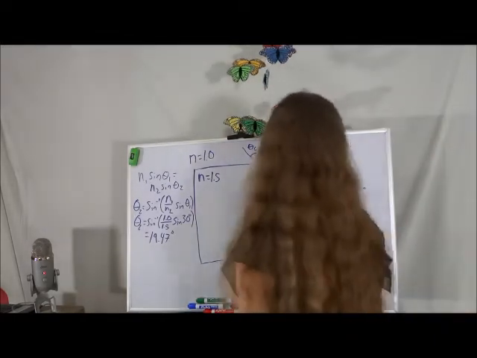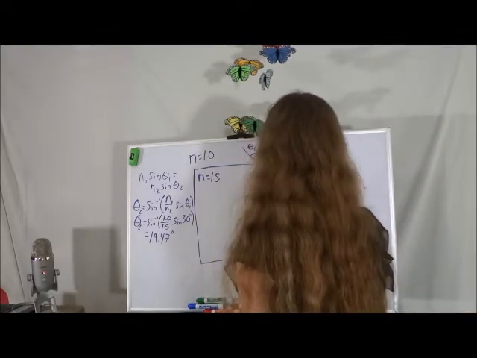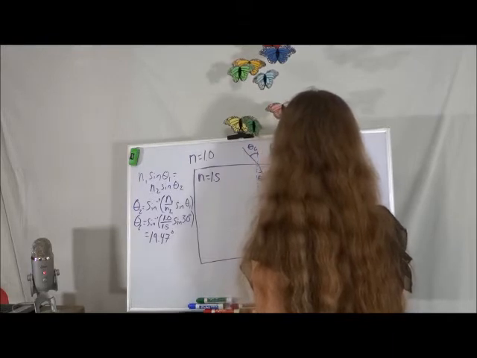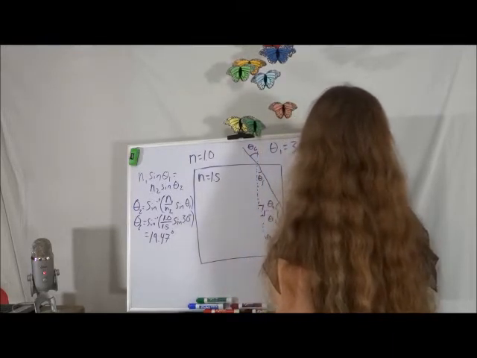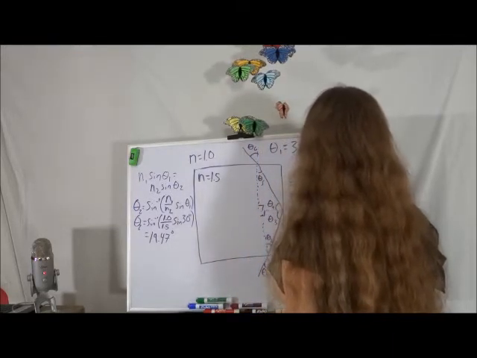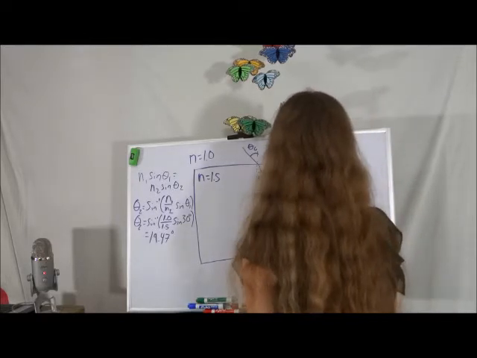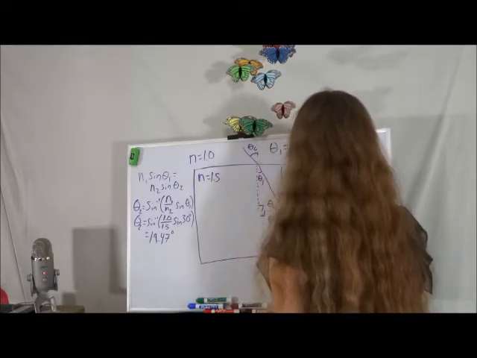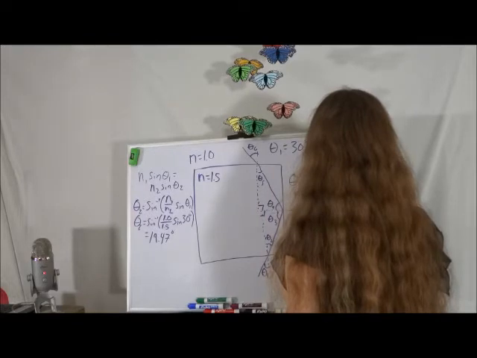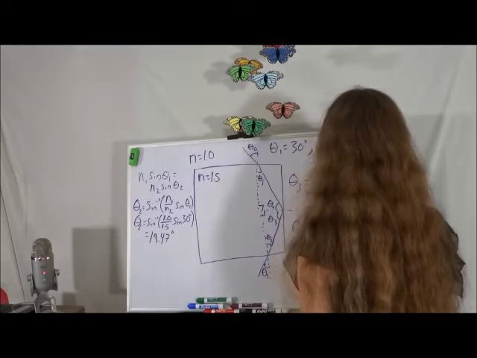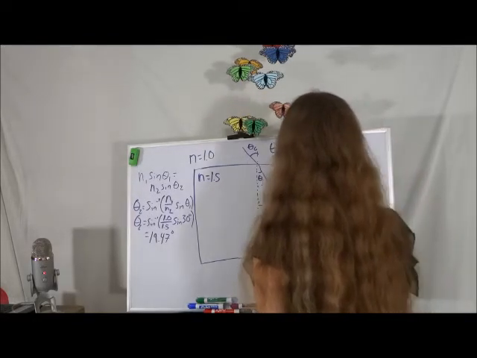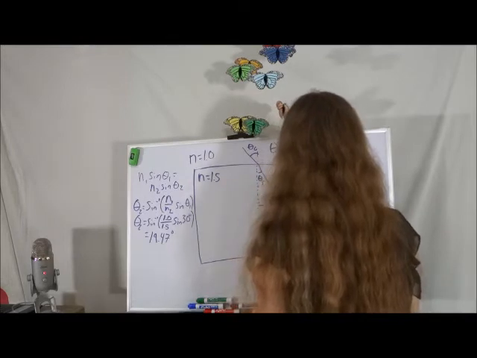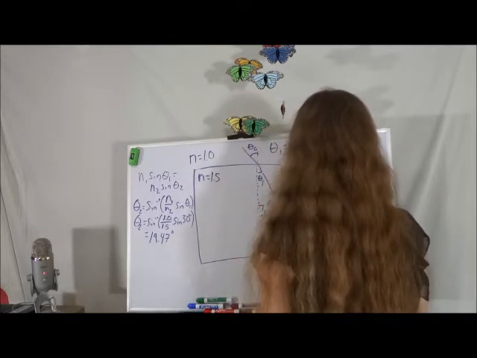So theta 5 is equal to 90 degrees minus theta 4. So this is going to be 90 degrees minus 70.53 degrees. So we're going to be back to 19.47 degrees.